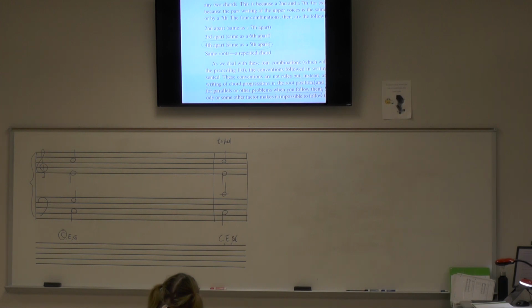See, when you have a root and a third, it doesn't sound incomplete, really, even though it is a little incomplete. For instance, I could see having a sound that goes from this to this. That sounds fine. Can you play it the wrong way, like not doing the E or not doing the C? Oh, yeah, I suppose.